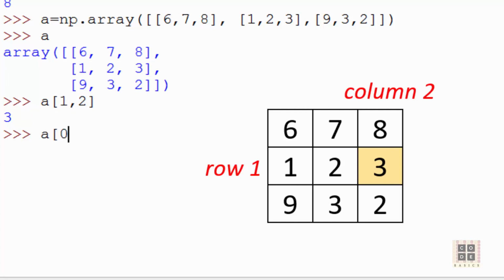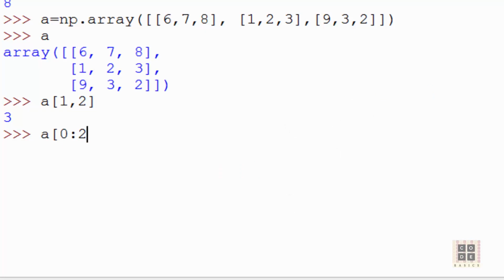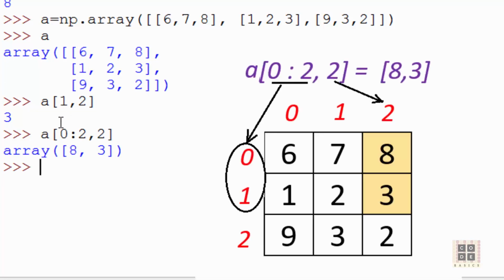When you do something like this, what will happen is it will go through 0 to second row. Now always when you are doing slicing, this particular index is not included, so it will actually go from 0 to 1. So 0th row, first row, and then it will print the second element.